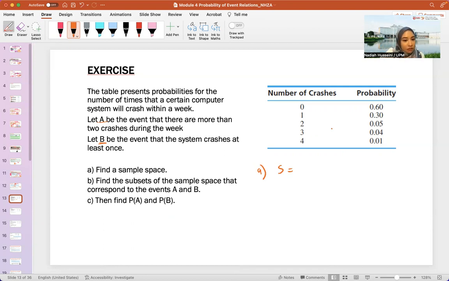What is the definition of sample space? From your understanding, what is a sample space? You can answer me in BM if you're comfortable with that.